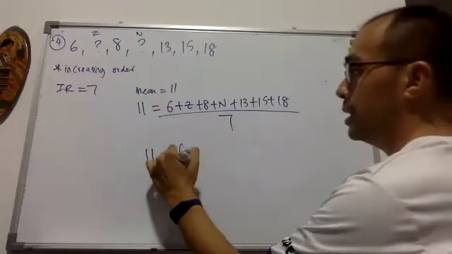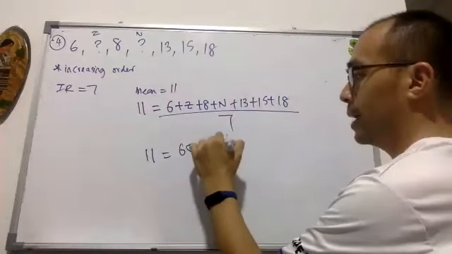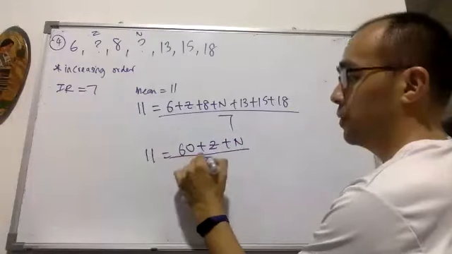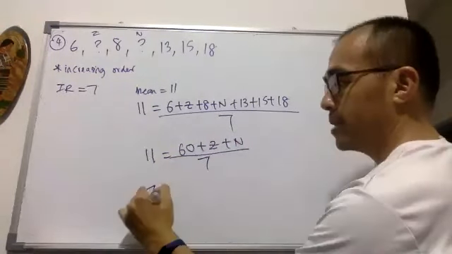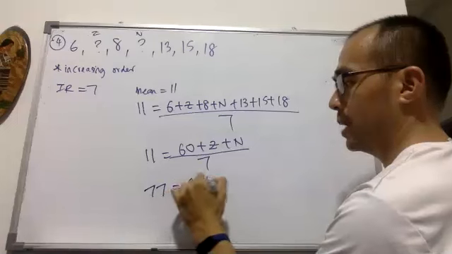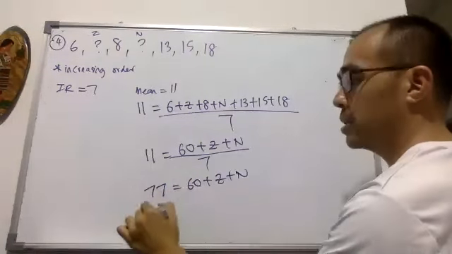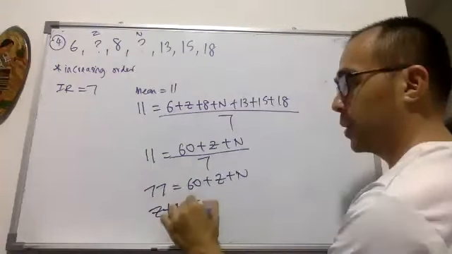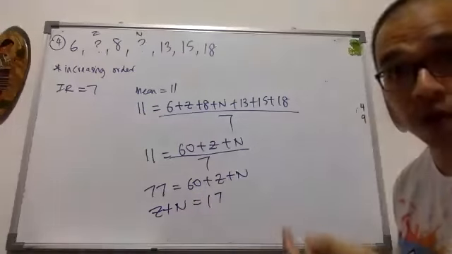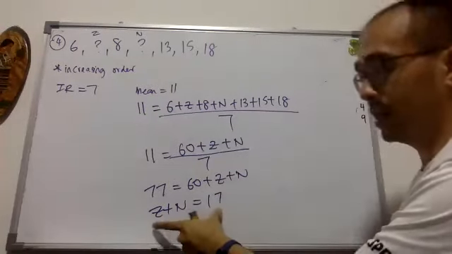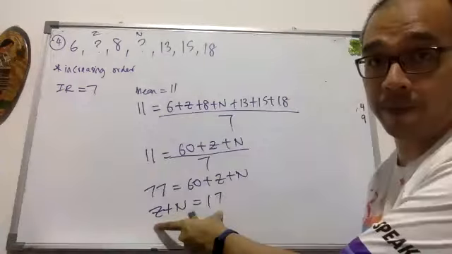So this is 60 plus Zahida plus N, over 7. Bring the 7 up, 77 equals to 60 plus Z plus N. So Z plus N equals to 17. I don't know what is the individual score yet, but I can bentuk one persamaan from here.